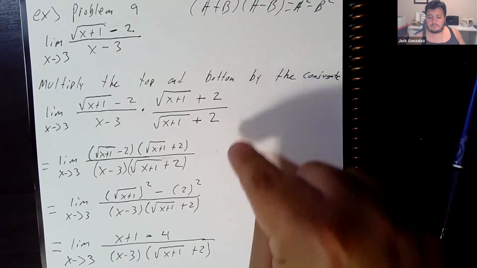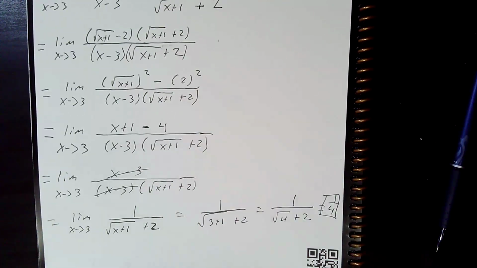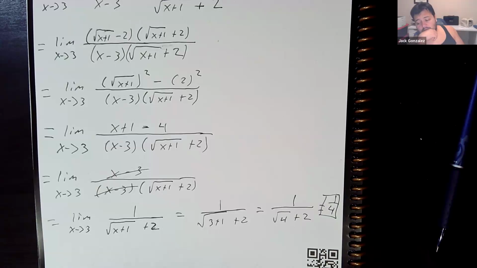All this is equal. So I think where my brain is breaking here is we can't plug in 3 to the original function, but we can to the new simplified function. Why is that? Yeah, technically the original function is undefined at 3, but the limit exists at 3.